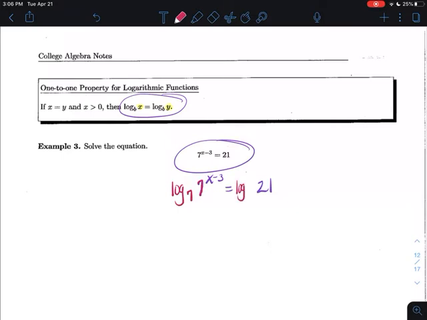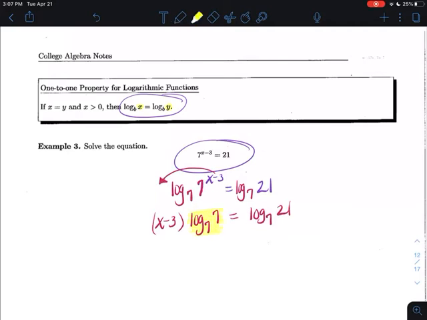What you do to one side of the equation, you've got to do to the other. So that becomes log base 7 in front of that 21. Here, this x minus 3, using my properties of logarithms, whenever you have an exponent, now that I have that log there, I can bring that x minus 3 down in front, and I'm going to keep it together, so I'm going to put parentheses. And beside it, you have log base 7 of 7 equals log base 7 of 21.